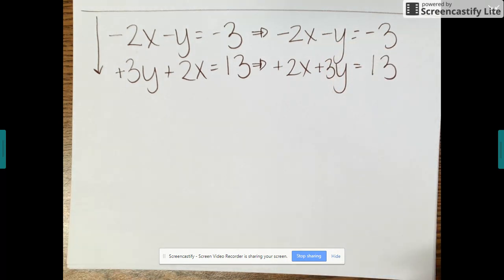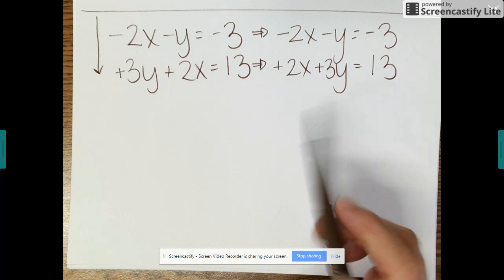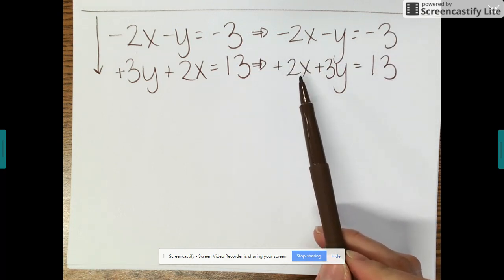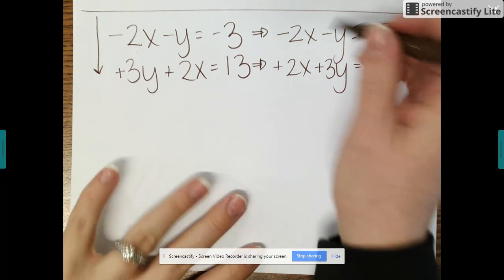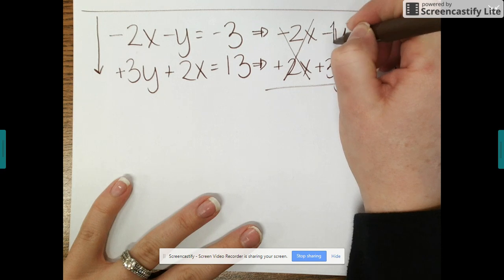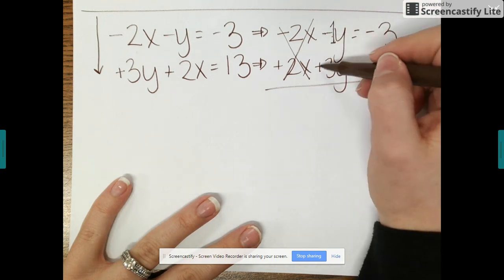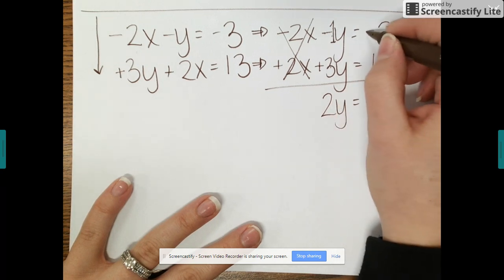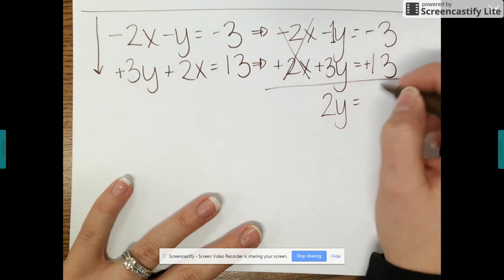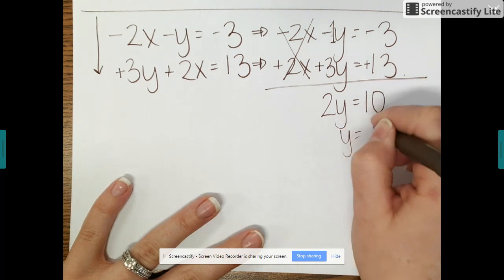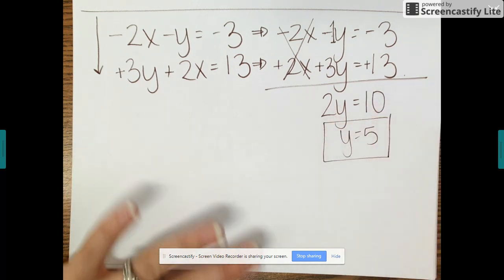Now let's look at this and say, okay, what can be eliminated? So you see a negative 2x and a positive 2x. Hopefully you know, oh, that will be 0. Those will be canceled out. Perfect. Now don't forget, this is a negative 1. Negative 1 plus 3 is a positive 2y. And negative 3 plus 13 would be a positive 10. So y is 5. Okay.